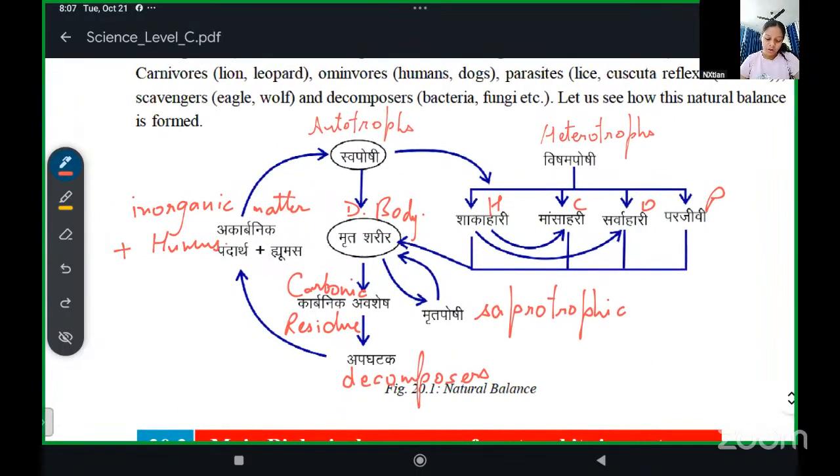Now, autotrophs. They prepare their own food. Autotrophs also use inorganic matter and humus.